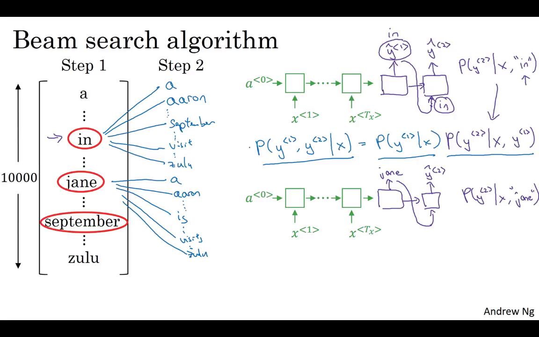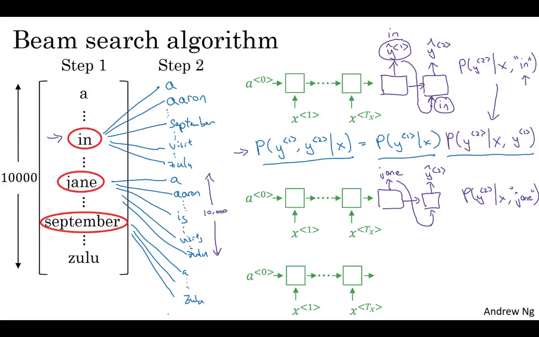And then, same as above, you can multiply with p of y1 to get the probability of y1 and y2 for each of these 10,000 different possible choices for the second word. And then finally, you do the same thing for September. All the words from A down to Zulu, and use this network fragment.